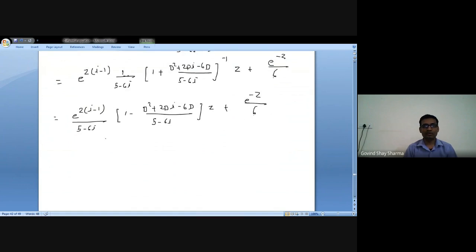Now we multiply. We take z inside this: (D minus 1) 5 minus 6i. This becomes z, z D square z is equal to 0, 2Dz is equal to 1 to 2i minus 6 upon 5 minus 6i.